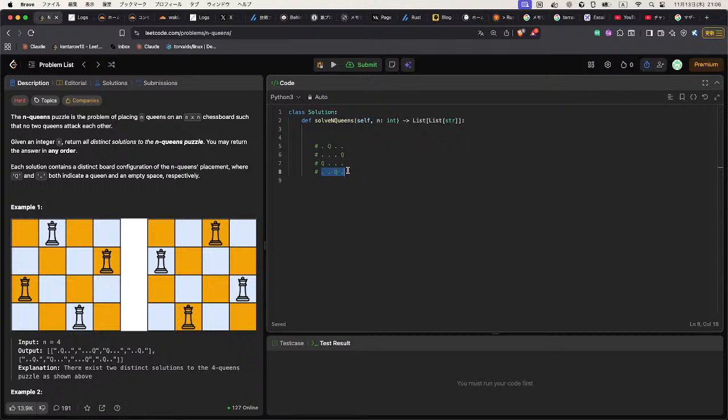So the problem is how to check if the placements are allowed or not, right? We are going to look at each row. For the horizontal direction, we can do it easily, and the problem is diagonally.